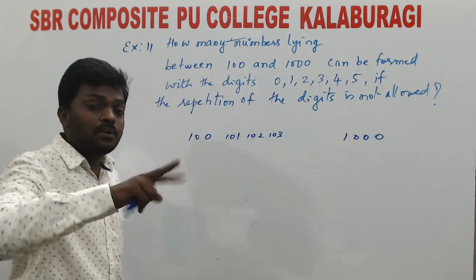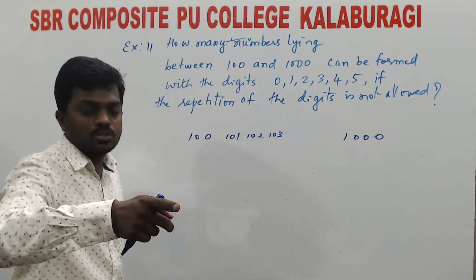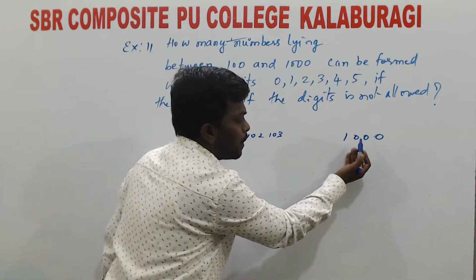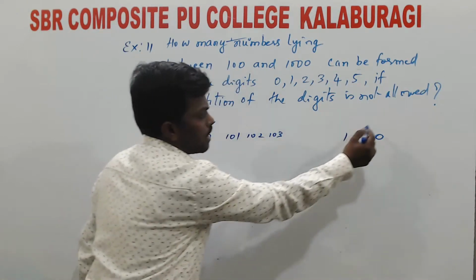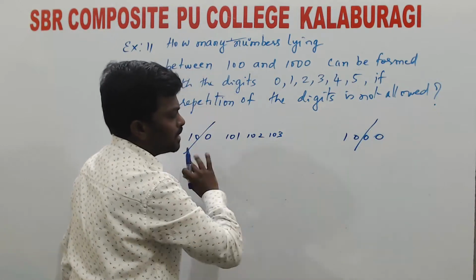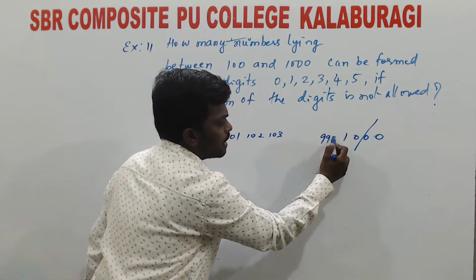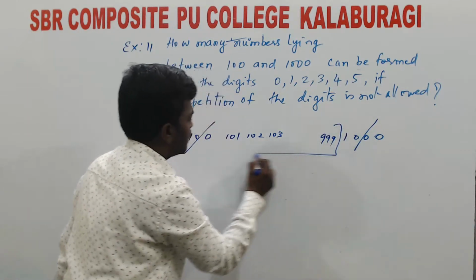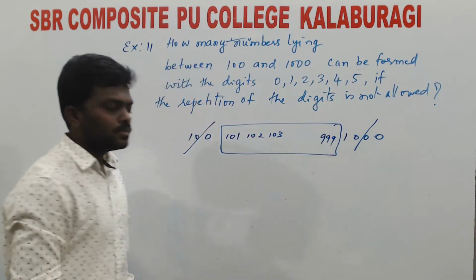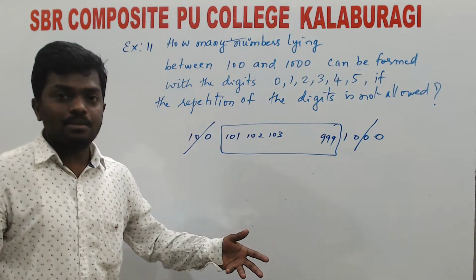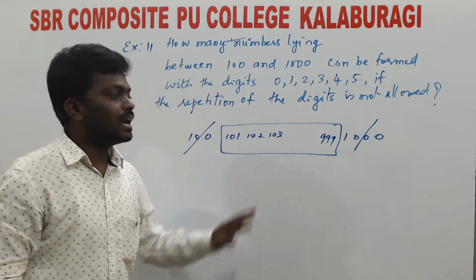These are the extreme numbers. The number before 1000 is 999. How many such 3-digit numbers are there, we need to write down.